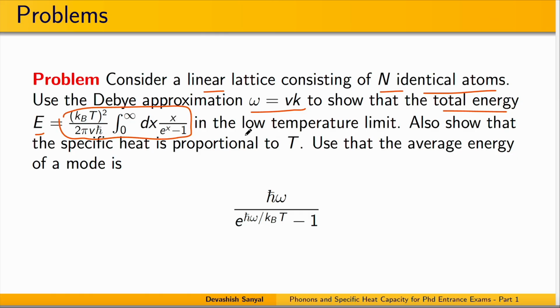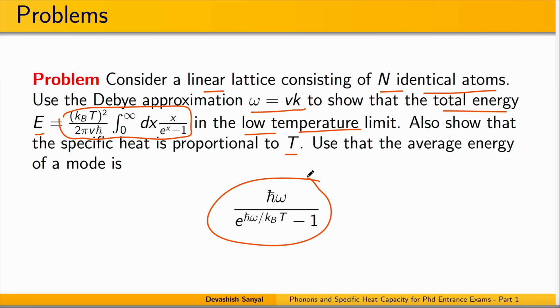In the low temperature limit. This is important, so this is an approximation. Also show that the specific heat is proportional to T. While doing the problem, we can use that the average energy of a mode is given.